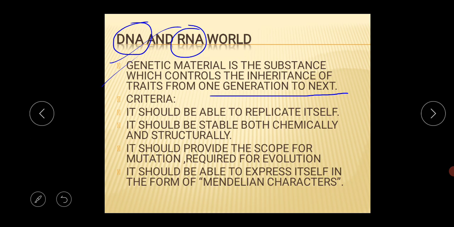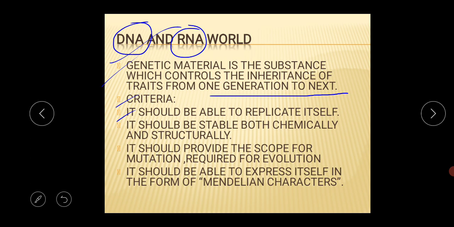The next thing is the criteria. By which criteria can DNA be a genetic material, and RNA be a genetic material? The first criterion is that it should be able to replicate itself.